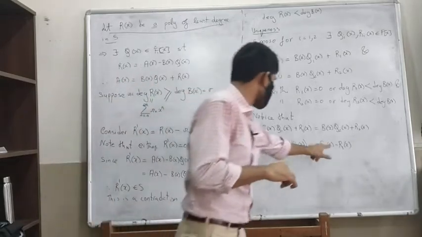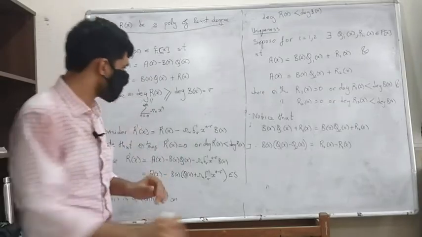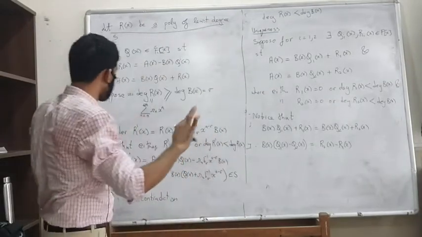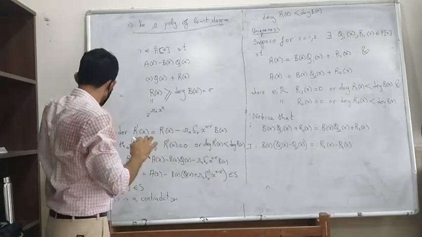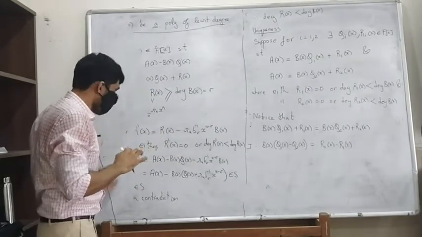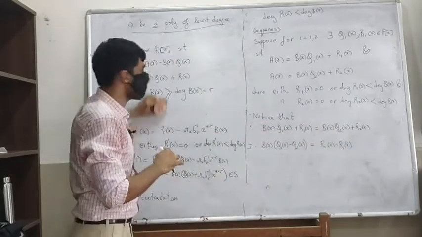Because both these degrees are strictly less than the degree of B of x. So that's the contradiction, which means that Q1 of x should be equal to Q2 of x, and the moment you put Q1 of x equals Q2 of x, you will get R1 of x equals R2 of x.